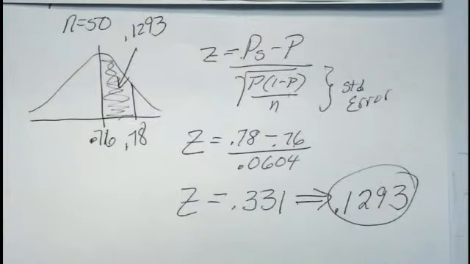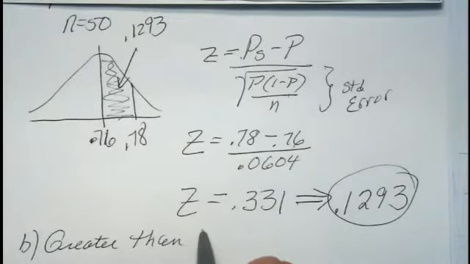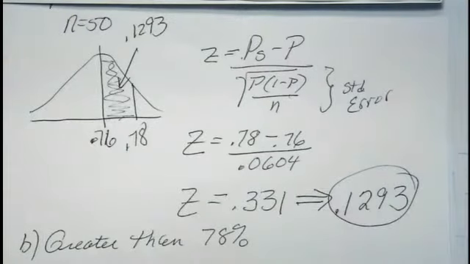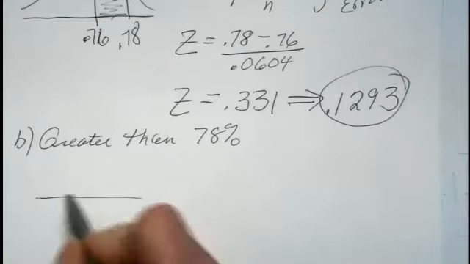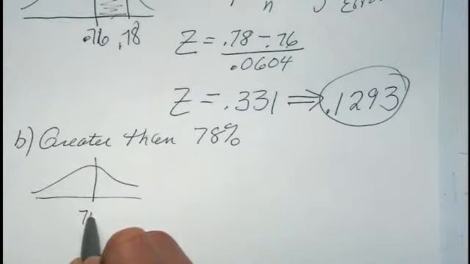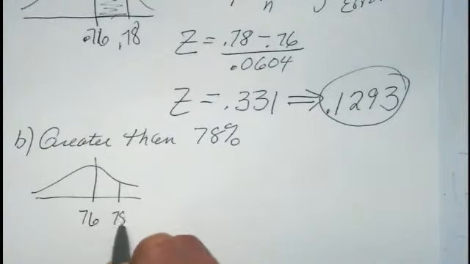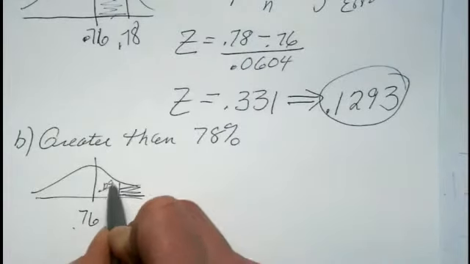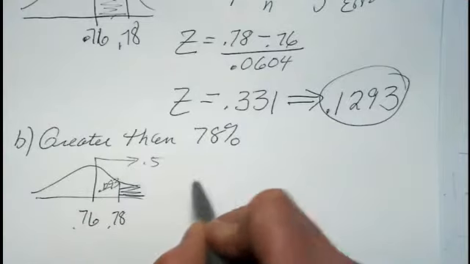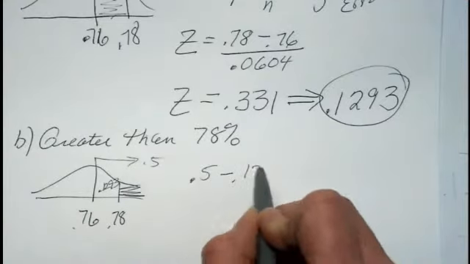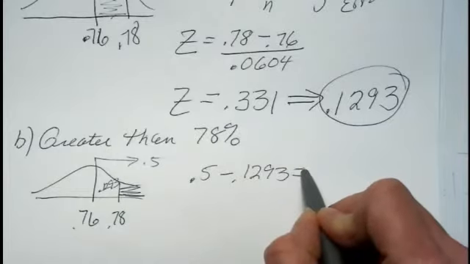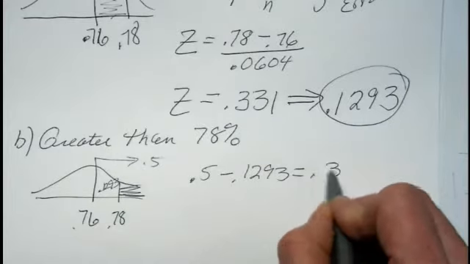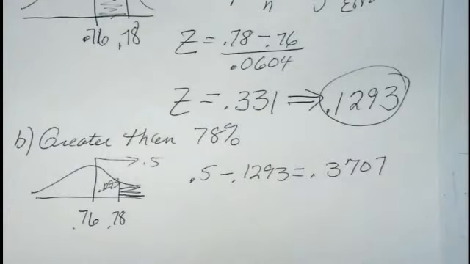Now, I believe on the PowerPoint presentation, it says there's also a B part that says greater than 78%. Well, if I draw the curve, 76, 78, greater, I know this is 0.1293, this is 0.5, I just subtract 0.5 minus 0.1293, and I get 0.3707.